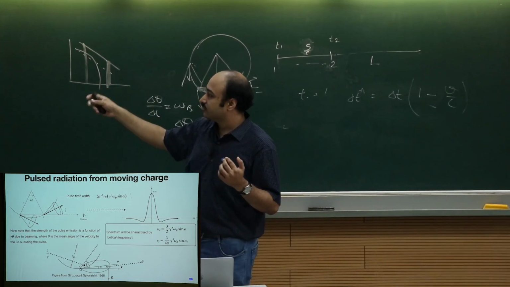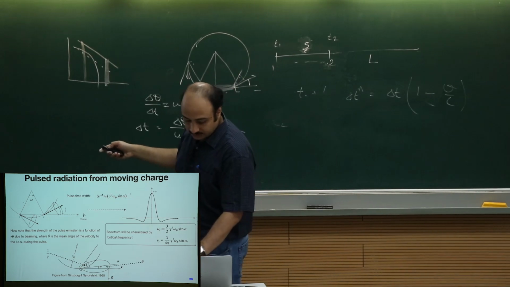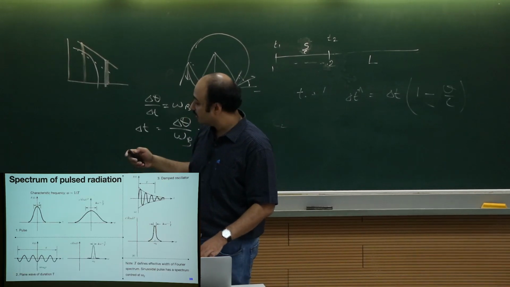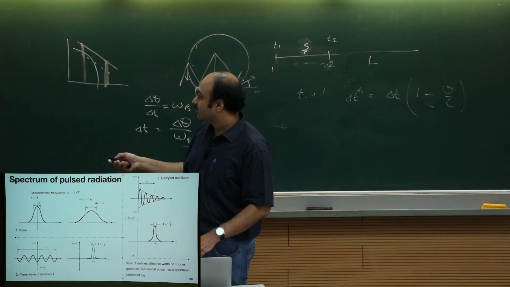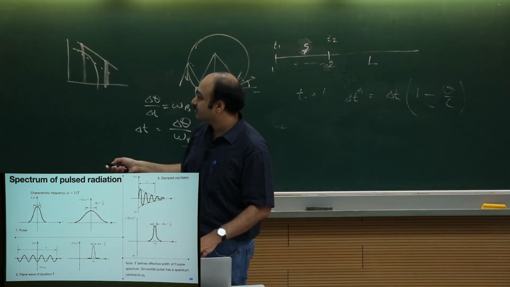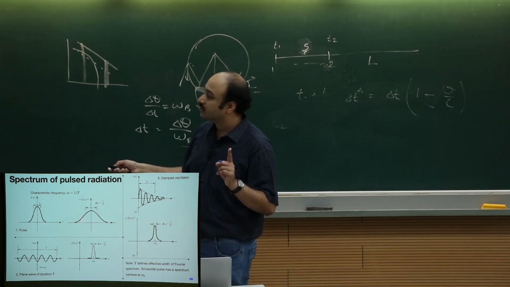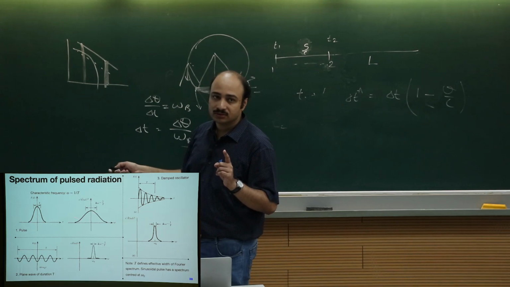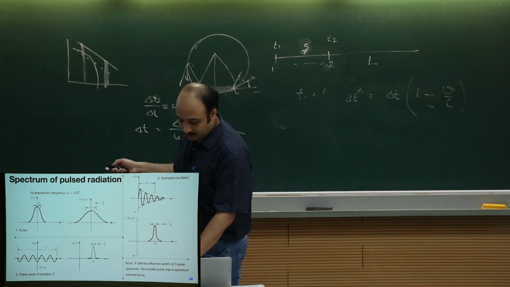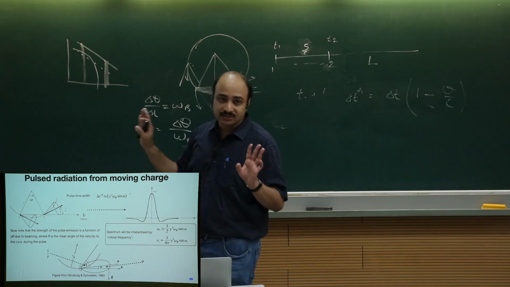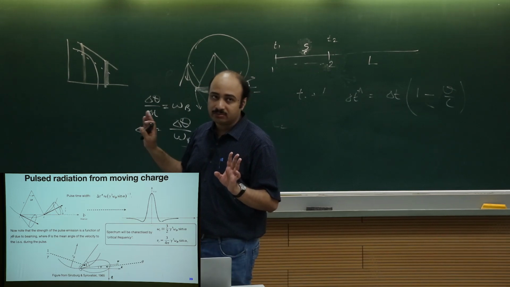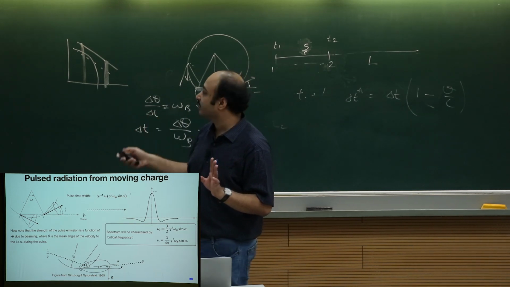But this also gives you, if I go back to the previous slide, the characteristic width of this pulse in the frequency space is 1 by t. Again, just from very basic simple arguments, I'm not doing any elaborate mathematics of the Liénard-Wiechert potentials here.